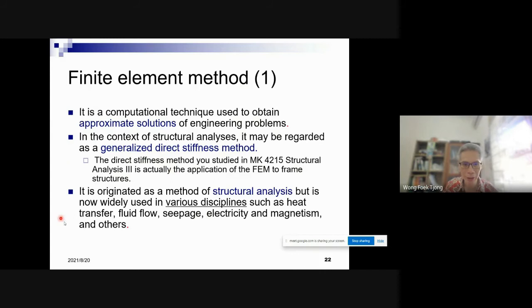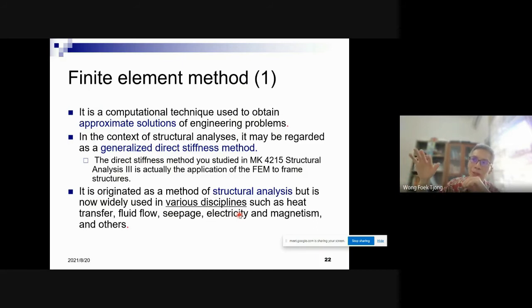Well, the finite element method originated as a method of structural analysis, but is now widely used in various disciplines such as heat transfer. It means obtaining the temperature distribution, how the heat flows in the body, right? Of fluid flow, seepage.